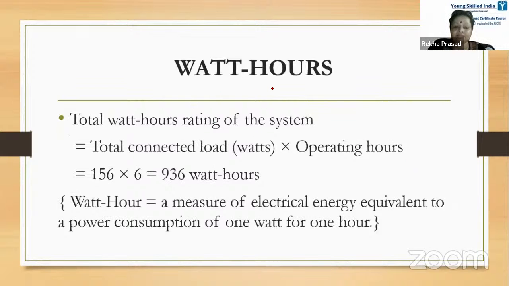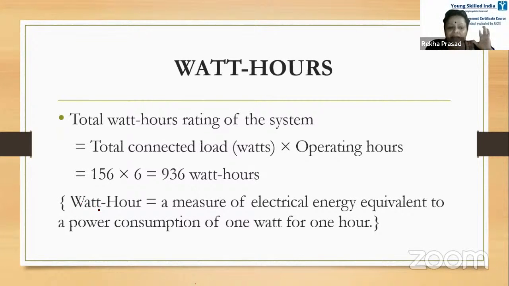Then watt hours. What is a watt hour? A measure of electrical energy equivalent to a power consumption of 1 watt for 1 hour. The total watt hour rating of the system is the total connected load in watts that we had already calculated, times the operating hours. It is given that the operating hours are 6 hours per day.